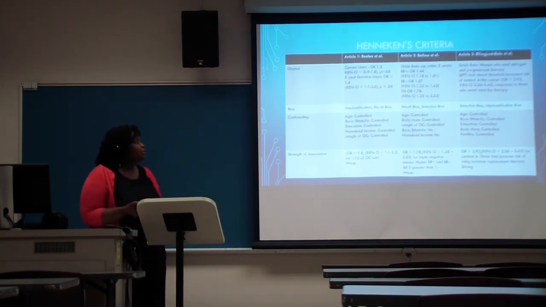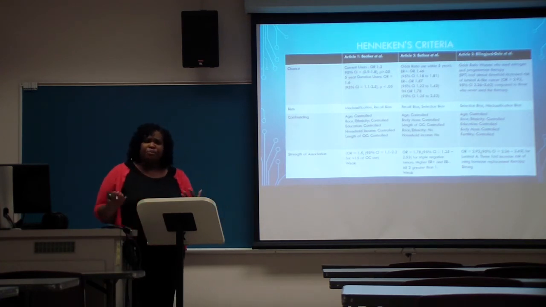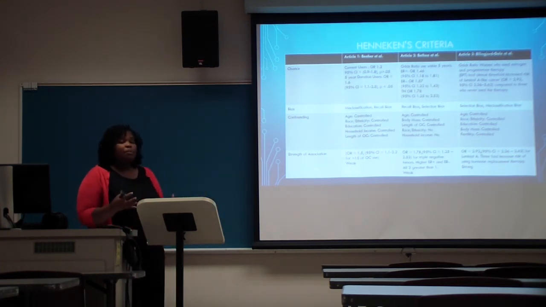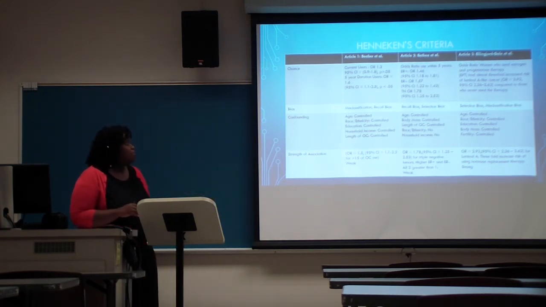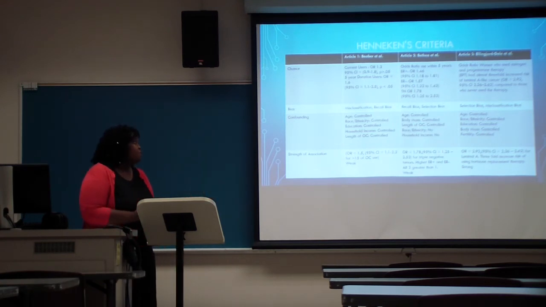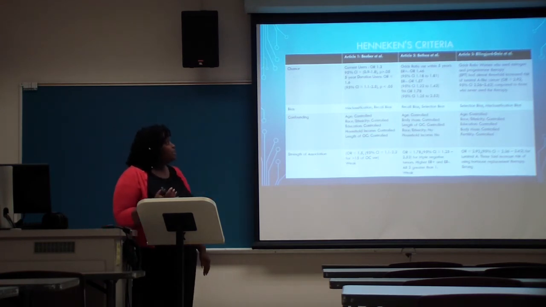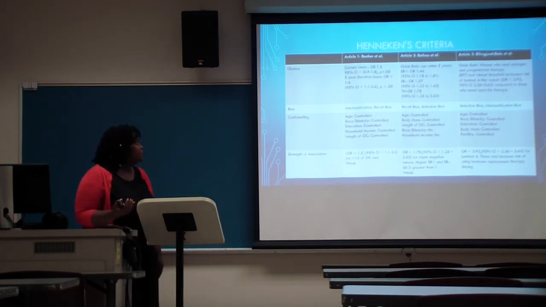Again, for Article 2, there was recall bias, and there was also some selection bias in the sense that you had women of African American descent, and no classification was made for household income or wealth status. In Article 3, selection bias and misclassification bias.